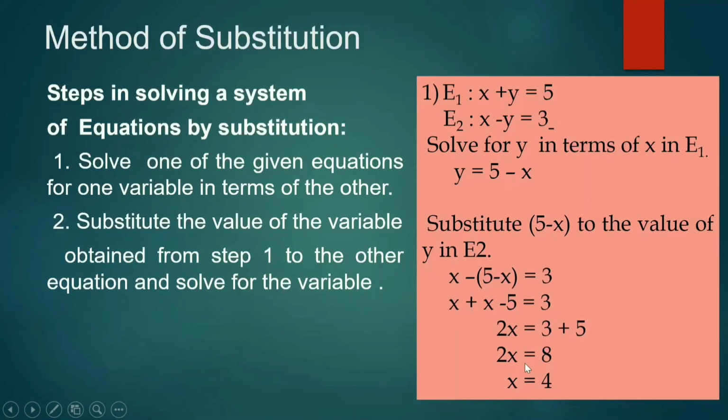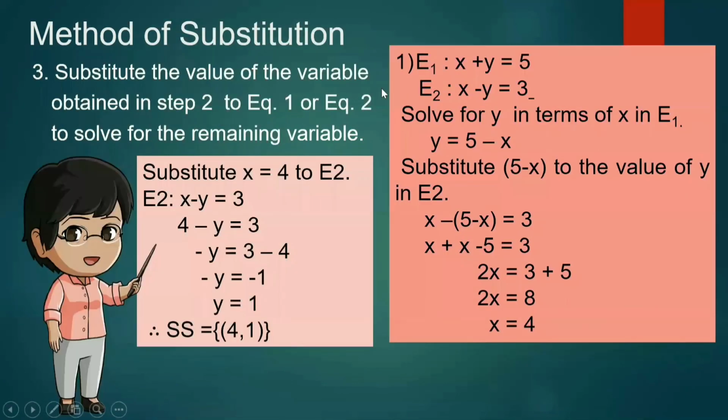Now we have one value, so we can substitute it. Step 3, substitute the value of the variable obtained in step 2 into equation 1 or equation 2 to solve for the remaining variable. So we substitute x equals 4 into equation 2, and we get y is equal to 1. So the solution set is the ordered pair (4, 1).